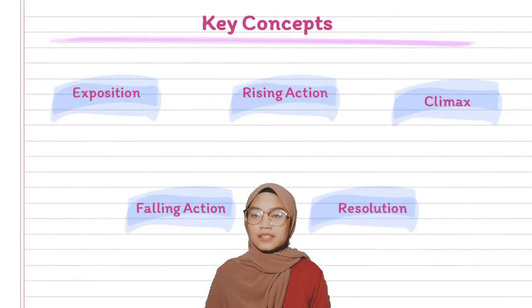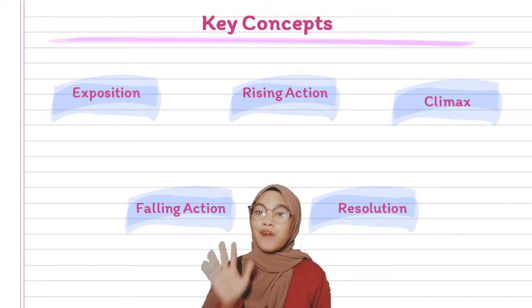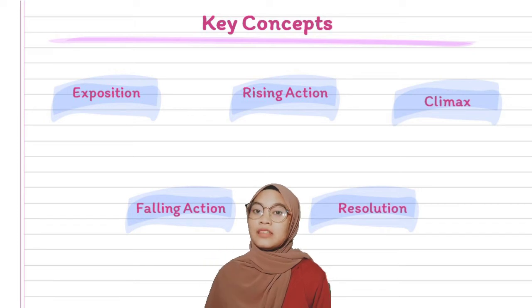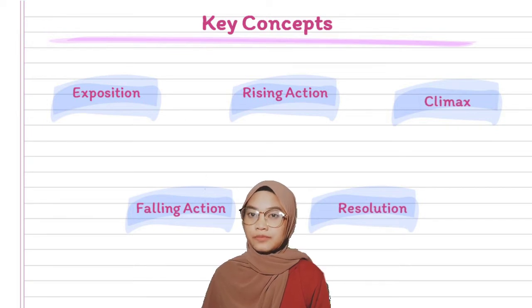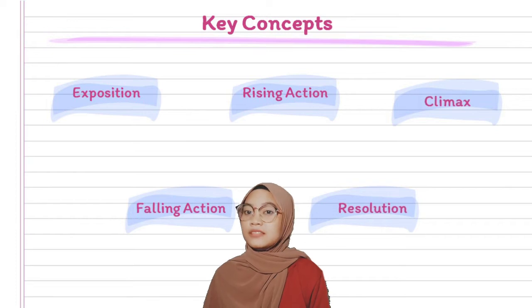Now key concepts. What students get should be expected like this one. There are 5 elements of the plot that students should know. The first is the exposition, and the second is rising action. The third is climax.